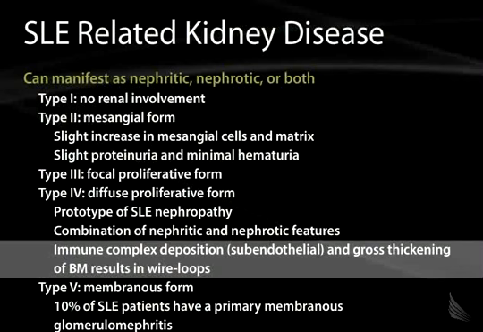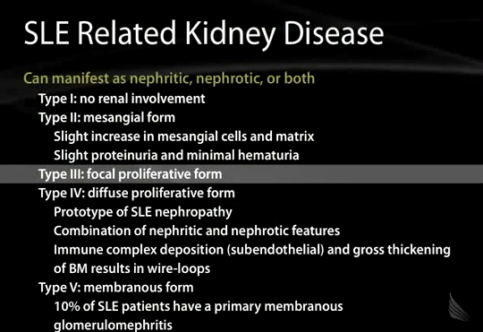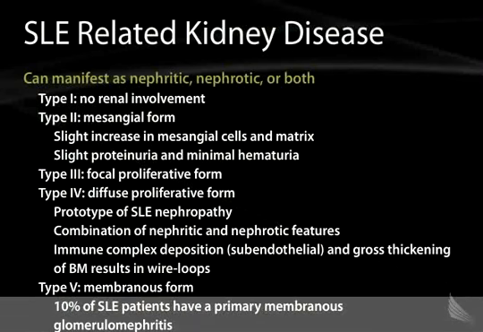The difference between type 3 and type 4 is that type 4 is diffuse, meaning it occurs throughout the glomerulus, whereas type 3 is focal, meaning it only occurs in a part of the glomerulus, or only in a few glomeruli in the kidney. Type 5 is what we call membranous, and it's essentially the same as primary membranous glomerulonephritis.